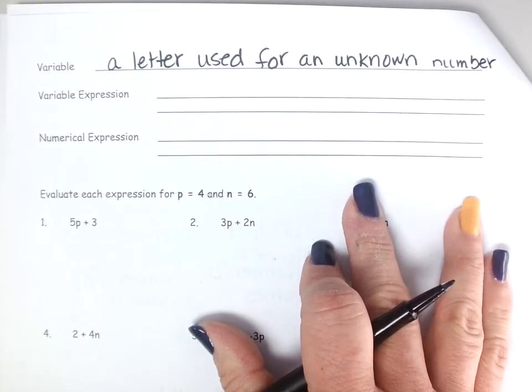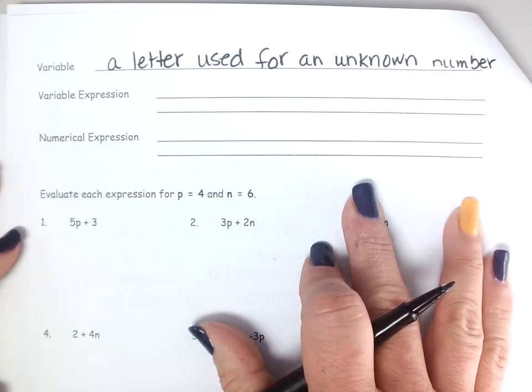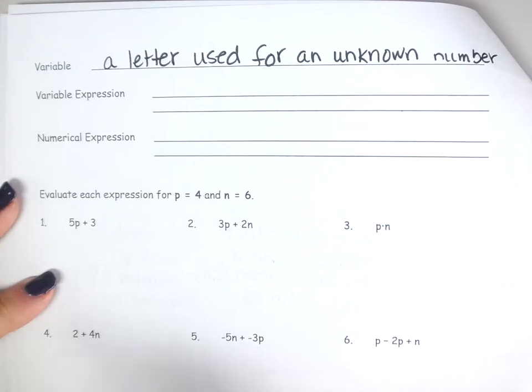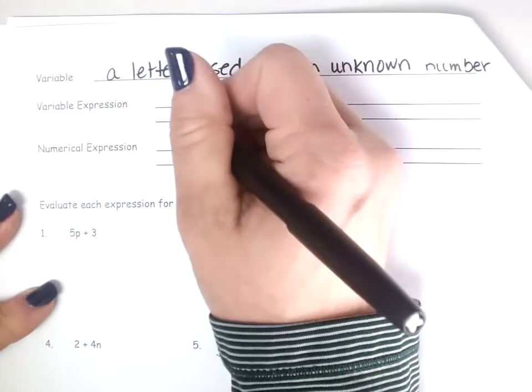A variable expression. Expressions are problems. They don't have an equal sign on them. If it has an equal sign, then that's going to be an equation. So an expression has no equal sign.